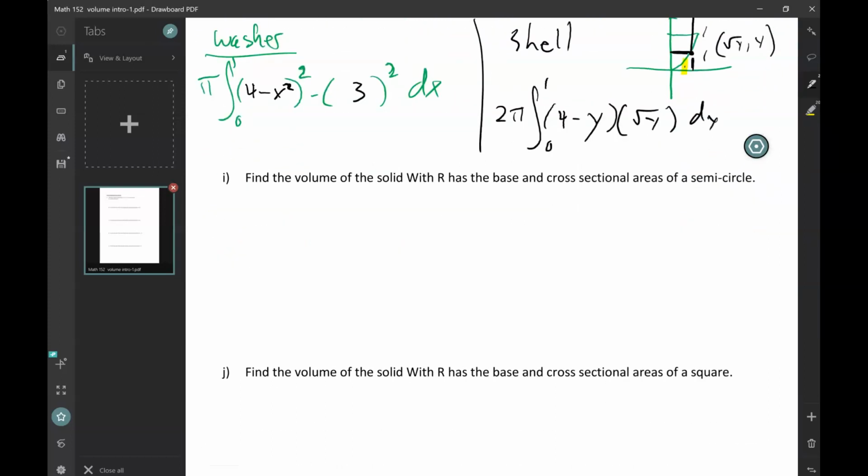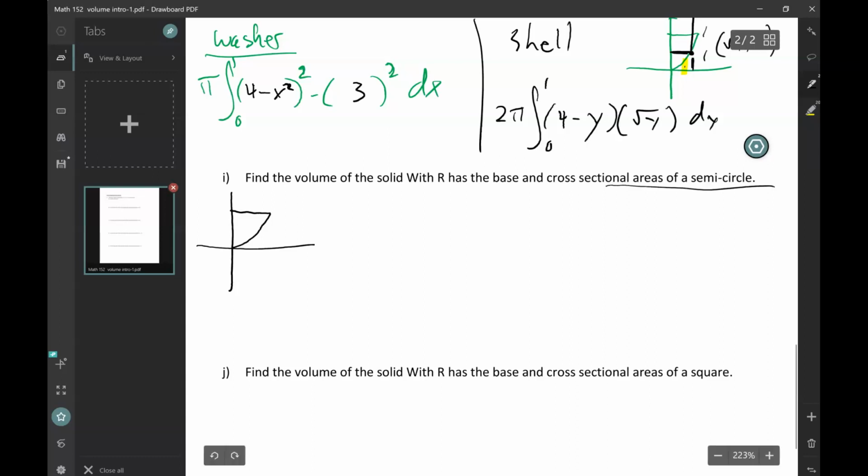Now we're going to switch gears here and we're going to talk about a different way to create a 3D shape. And this is using cross-sectional areas. So in this case, it's saying the cross-sectional area is a semicircle, okay? And whoops, I didn't say which way these are going.